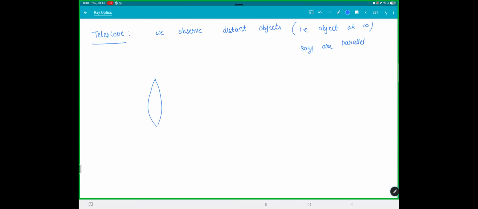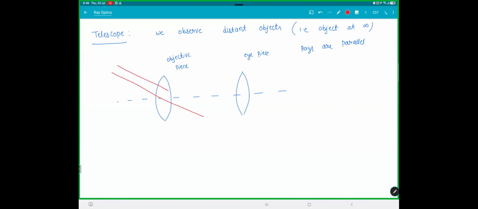Again, we have two lenses, objective and eyepiece. Now, since the rays are coming from infinity, they will meet at this focus here.